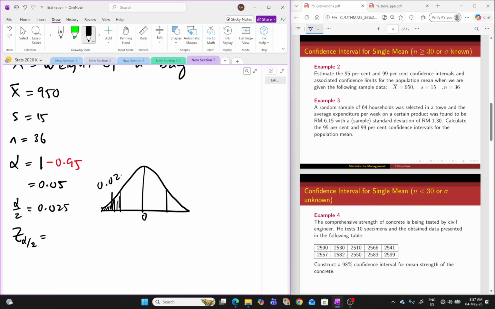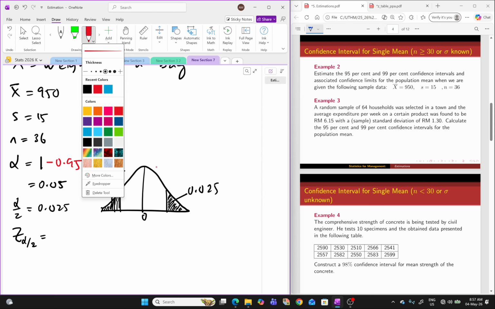This is 0.025. This is also 0.025. Okay. So whenever we take alpha divide by 2, you get a number. Then you draw like this.